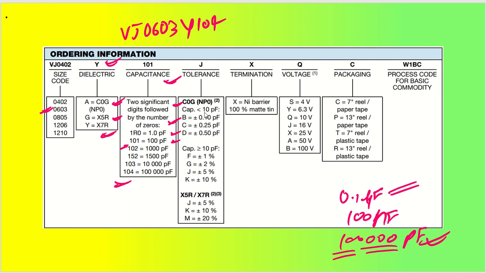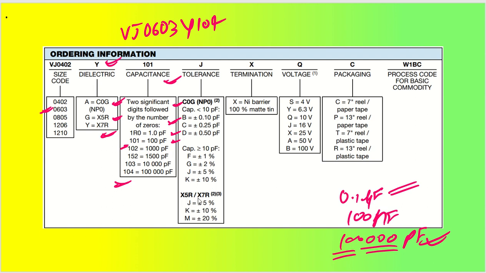Then we need to have the tolerance as well. As I told you earlier, for C0G the tolerance will not be in percentage, it will be in picofarad range because their values are very small. Coming to the codes, G is for plus minus 2%, F for plus minus 1%, J for plus minus 5%, K for plus minus 10%.